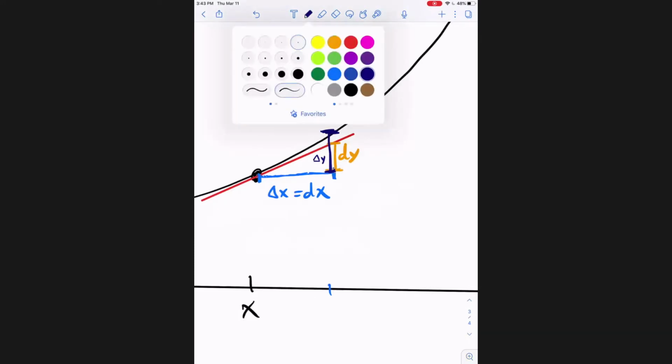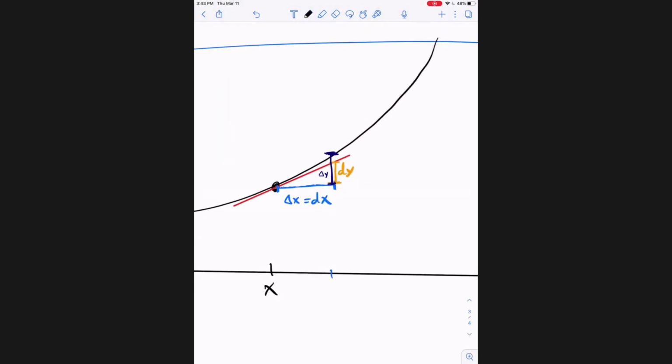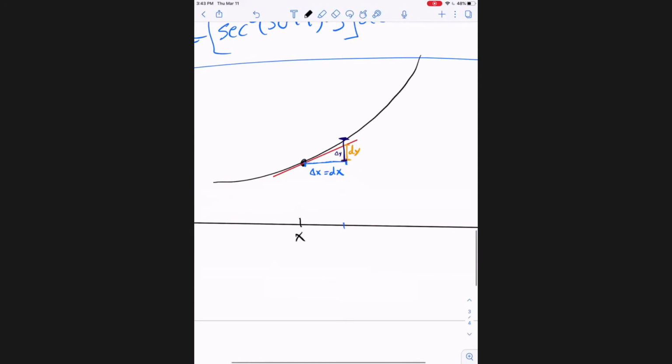So notice delta y is the exact difference between the y values, whereas dy is an approximation using the tangent line. So what dy does is it helps us get a really good approximation as long as dx is small.